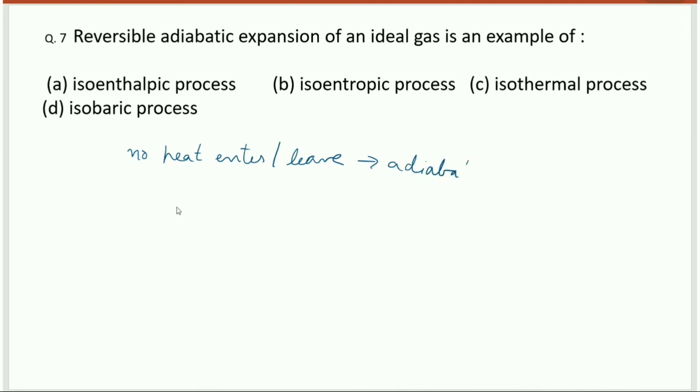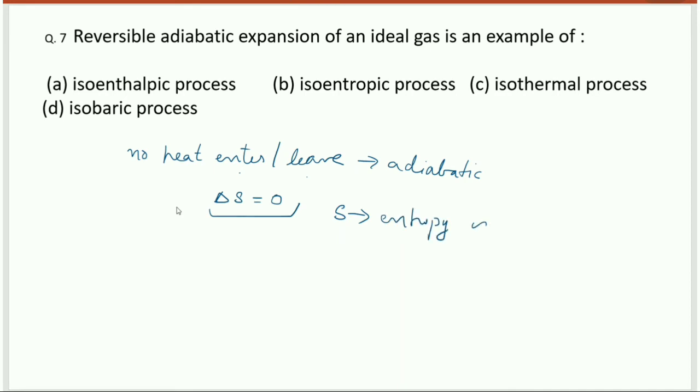In reversible processes, delta S will be 0, that is, no entropy change. When no heat enters or leaves, the delta S will also be 0. So there is no change in entropy, which means entropy is constant.